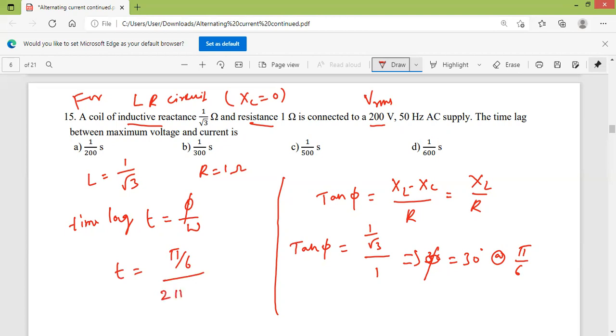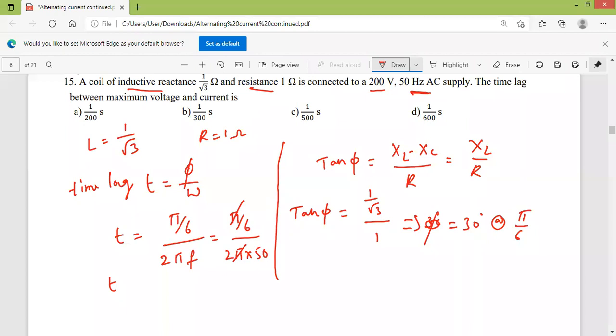Omega is 2 pi f, so that is pi by 6 divided by 2 pi into 50, where the frequency given is 50 hertz. Pi and pi cancel. Time T is equal to 1 divided by 600. So 5 2s are 10, 10 6s are 60, and 100 6s are 600. Therefore T is equal to 1 by 600 seconds. Option D is the correct answer.